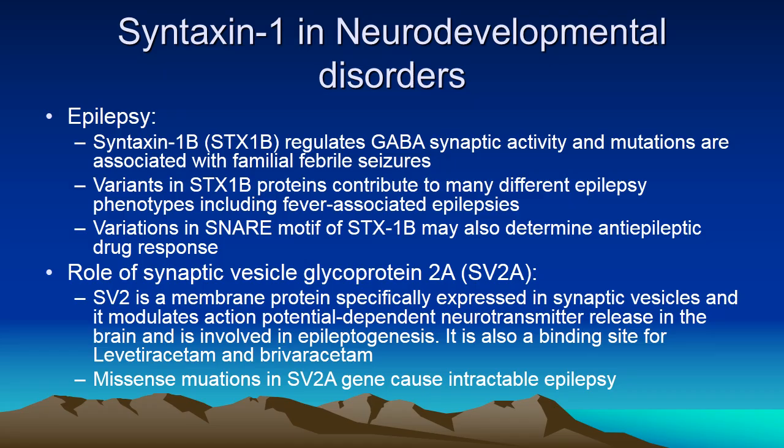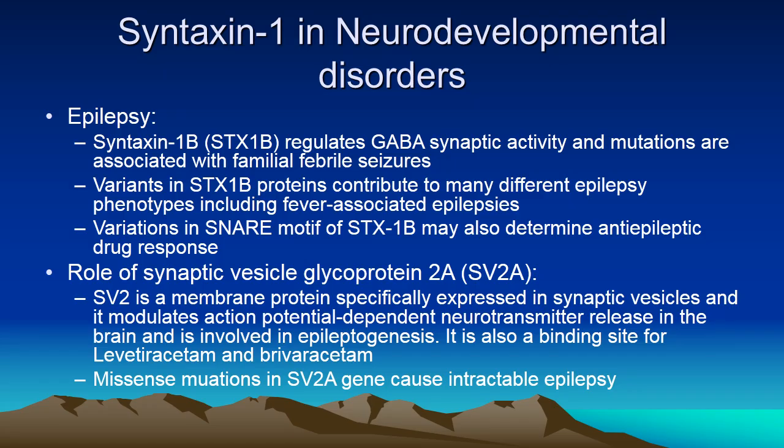One special protein, synaptic vesicle glycoprotein 2A, is specifically expressed in vesicles and modulates action potential dependent neurotransmitter release in the brain, and is also involved in epileptogenesis. It is a binding site for levetiracetam and brivaracetam.